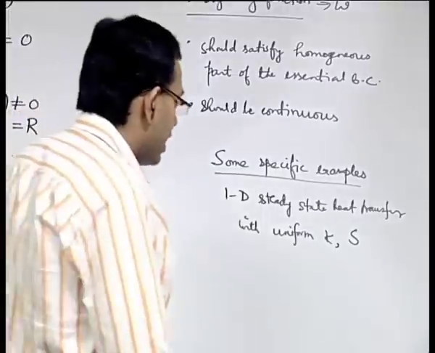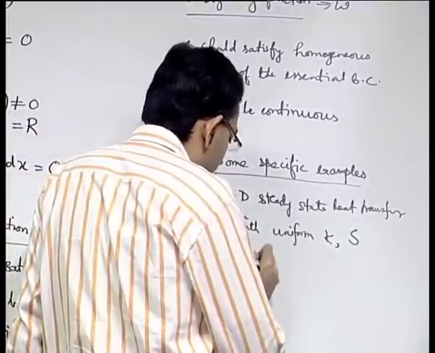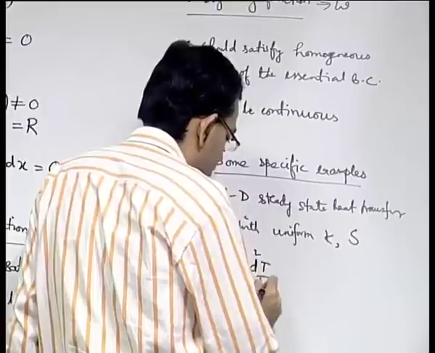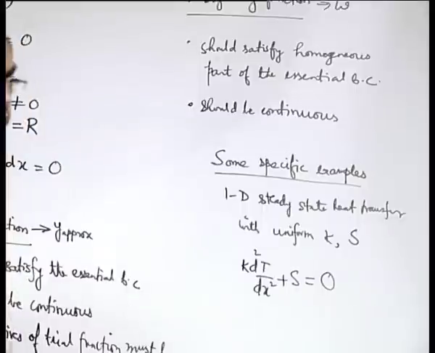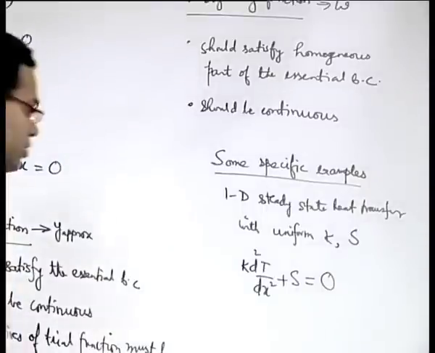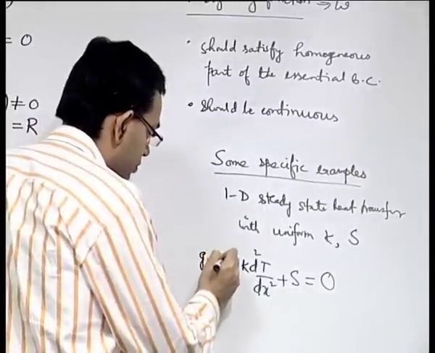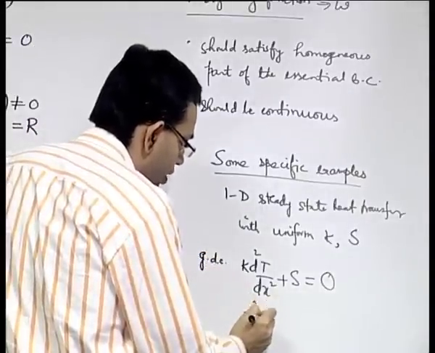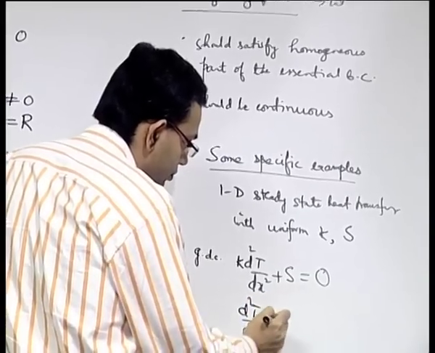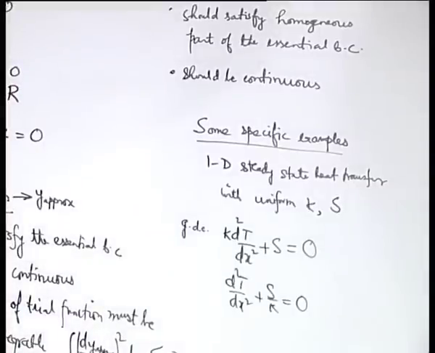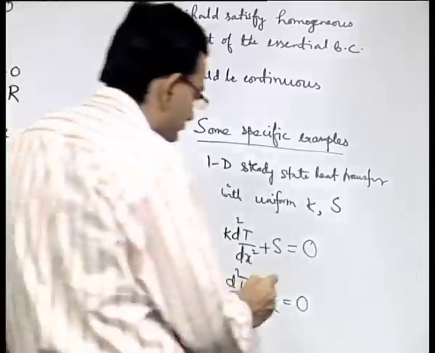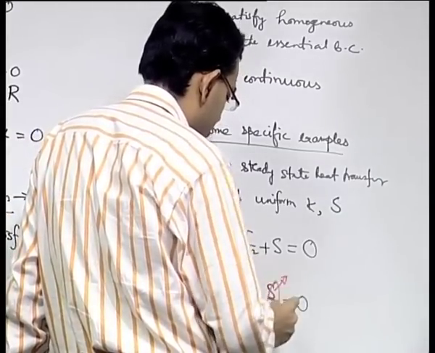If that is the case, we have seen earlier that the governing differential equation becomes d2T/dx2 + S/k = 0. To be able to solve this problem numerically, let us assume some value of S/k in consistent units.